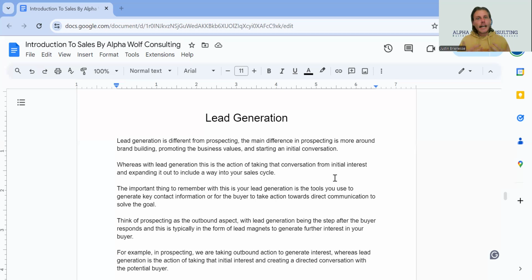What we want to do in lead generation is minimize the effort or the expenditure of energy and time that we use and have something that is like a cookie cutter turnkey solution. It's not a full solution, but a turnkey solution that can help someone understand how we can help them achieve the goals that they want to achieve in their business, in their personal life.